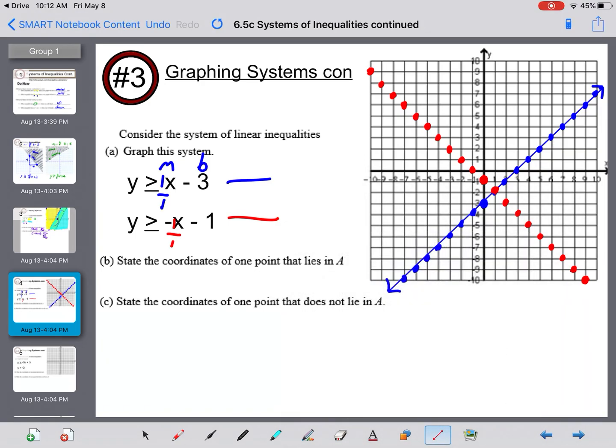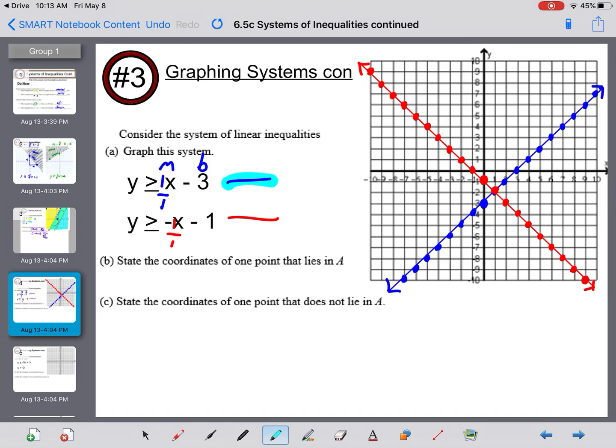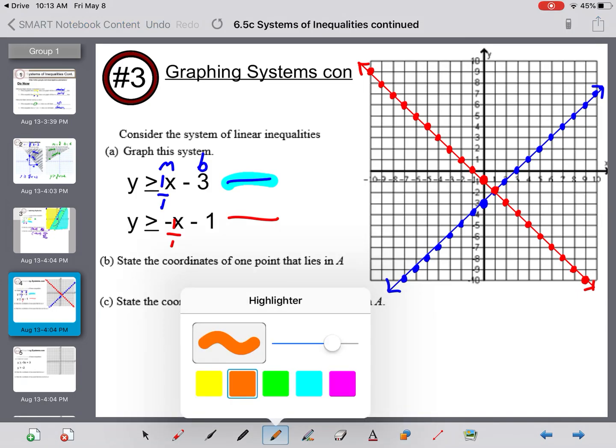Now I see the greater than or equal to symbol, which means we are going to use a solid line. Okay, and now we can worry about our shading.